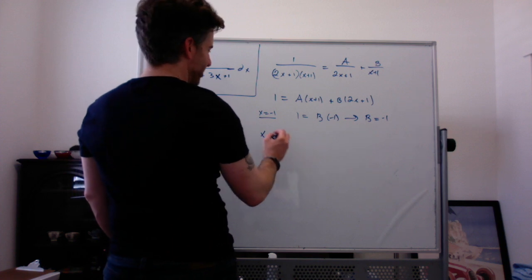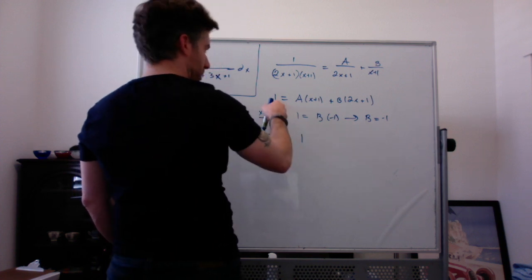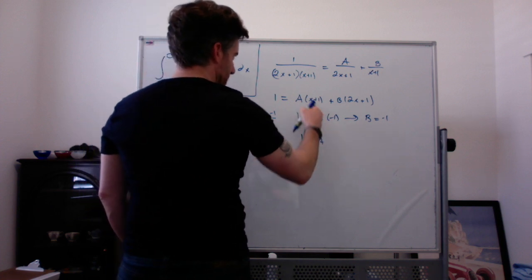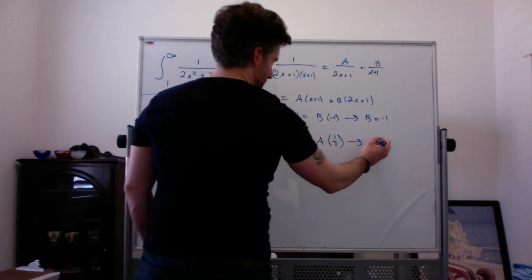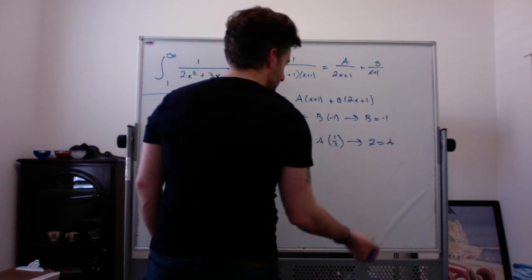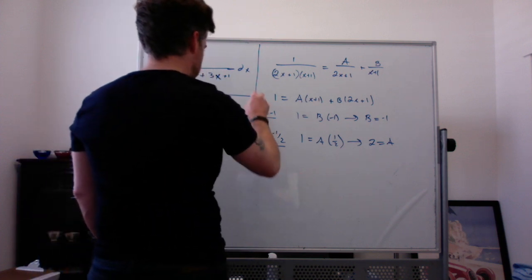And then the other convenient value is negative 1/2. Not great, but whatever. Still have 1 on the left. You get A times negative 1/2 plus 1, which is positive 1/2. Multiply both sides by 2 to get 2 equal to A. So we're integrating, and I'm just going to do the integral over here.